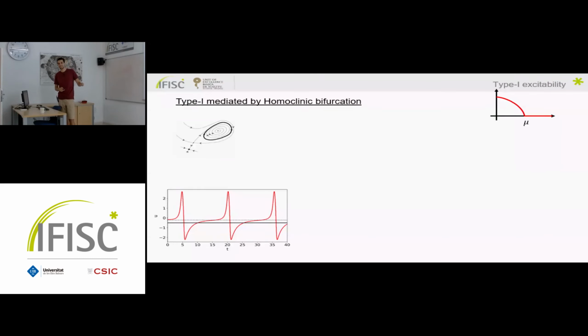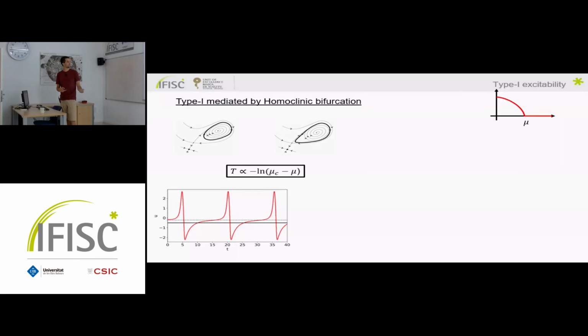When we change the parameter little by little to go into the excitable regime, this cycle is going to grow and approach the saddle point here, and there's going to be a divergence of the period.